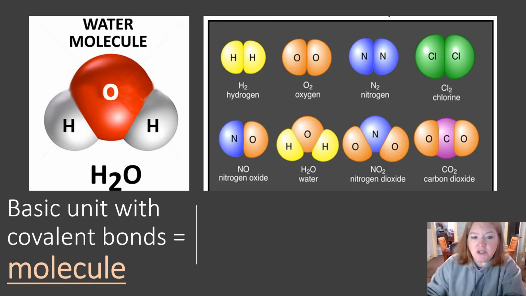This is an oxygen molecule with two oxygen atoms. This is a nitrogen molecule with two nitrogen atoms. This is a chlorine molecule with two chlorine atoms. To do an example of a compound, this is a molecule of this compound with one nitrogen atom and two oxygen atoms.